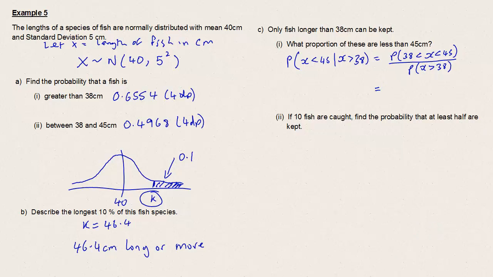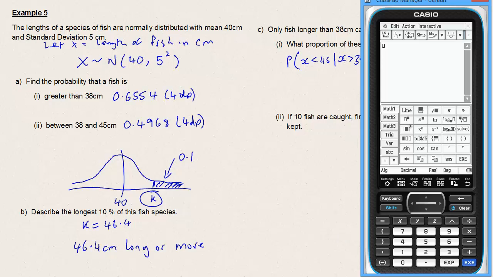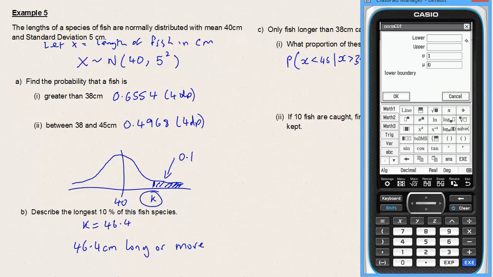So we'll go to the calculator for that. So we want the normal CDF, and the lower is going to be 38 and the upper is going to be 45. Sigma is 5, mu is 40.